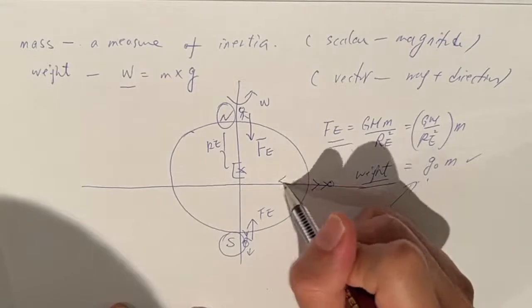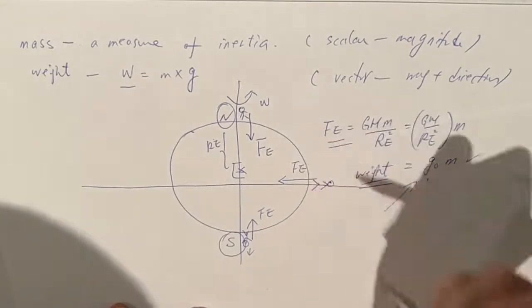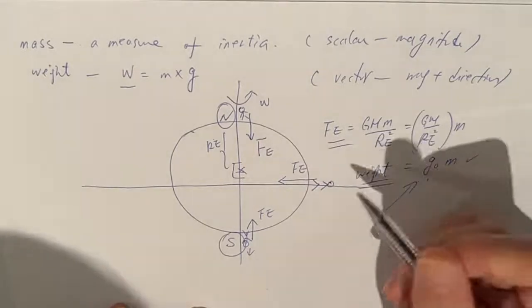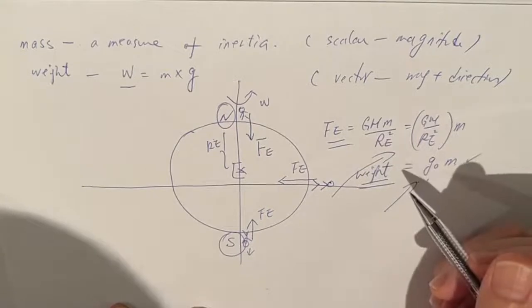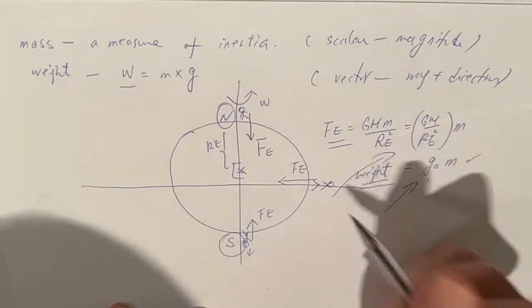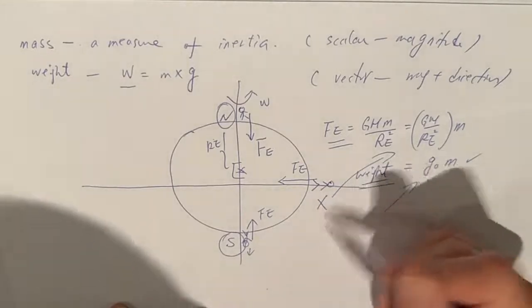Yes, there is a gravitational force acting on this person. We draw Fe, right? And we use the same formula to denote it. But of course, it is wrong. Normally, we do not want to discuss this in detail.